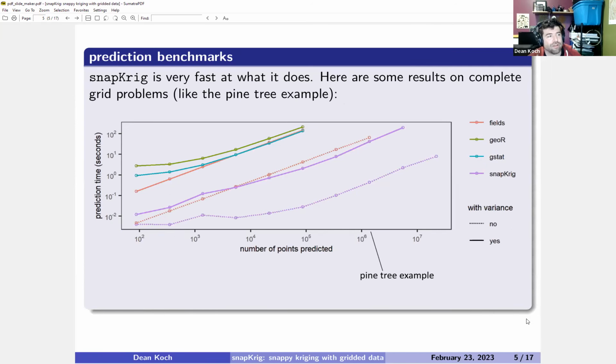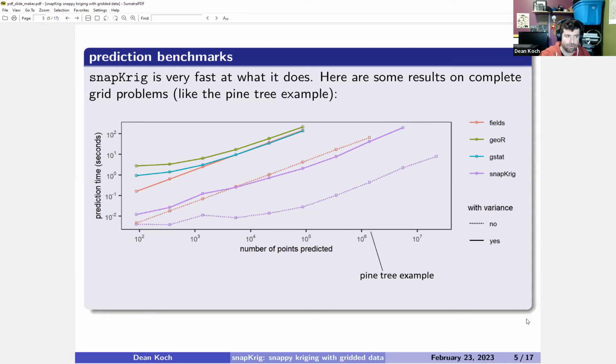So as I said, spatial prediction can often be very slow. And this plot illustrates that by comparing the time to evaluate spatial predictions for several different packages over a range of different problem sizes. So on the x-axis, we have an increasing number of points to predict.